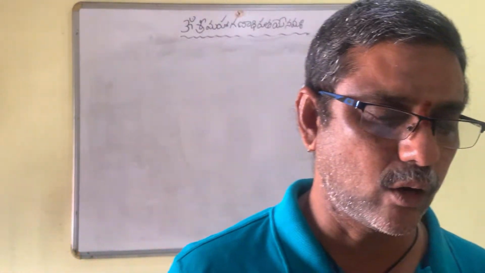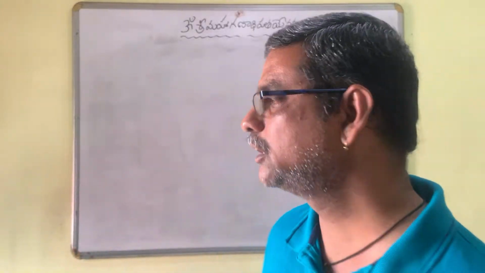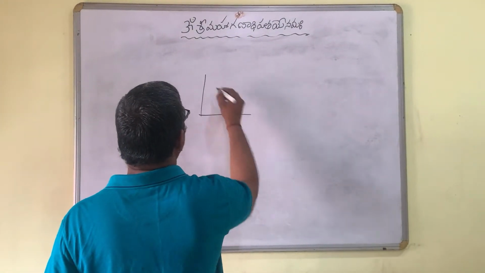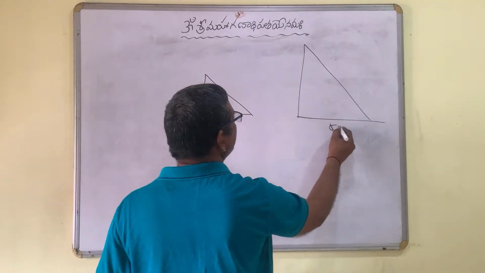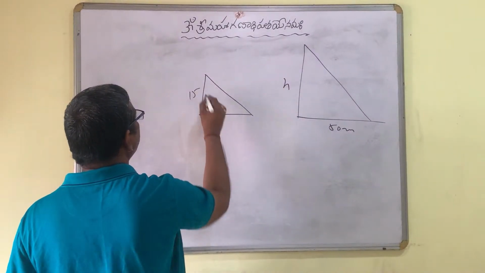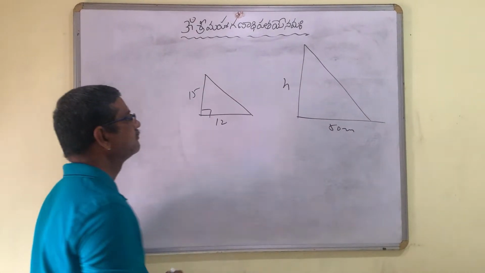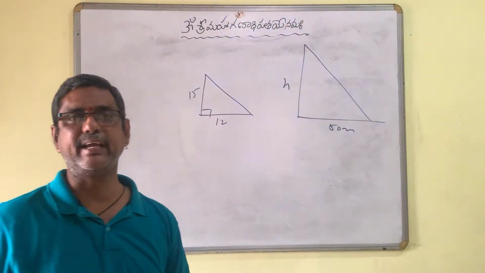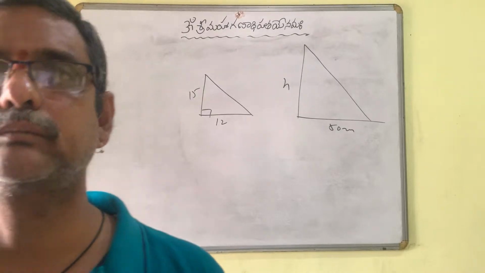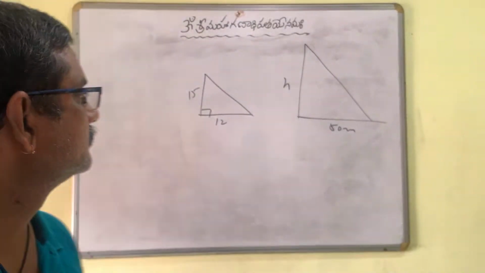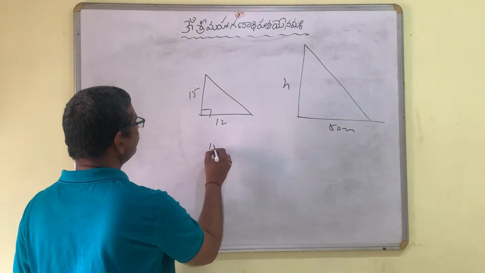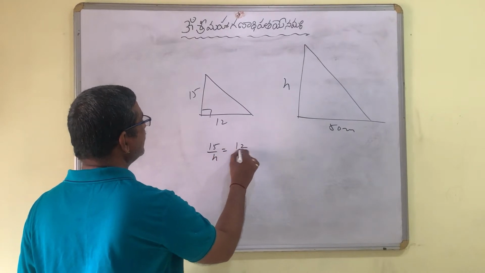Now section 3. A vertical stick which is 15 centimeters long casts a shadow of 12 centimeters on the ground. This is one triangle, that is another triangle. Both are similar. Simple question. This is 50 meters. H. 15, 12. 15 by H is equal to 12 by 50.